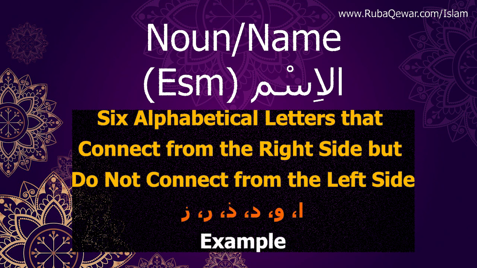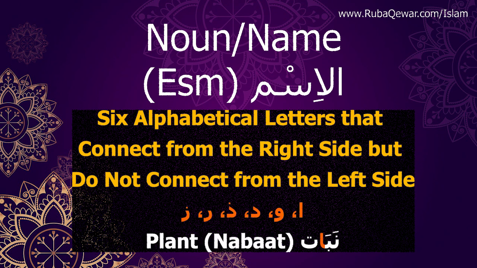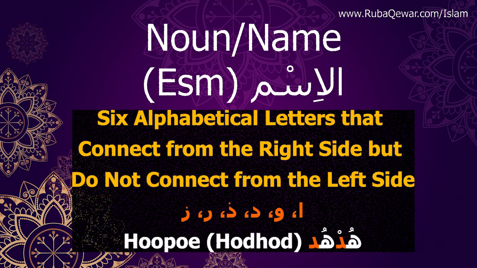So for example, we have alif. You see, I only connect it here from the right, but I don't connect it from the left. Let's say dal, hudhud. Hudhud is a word in the Quran.